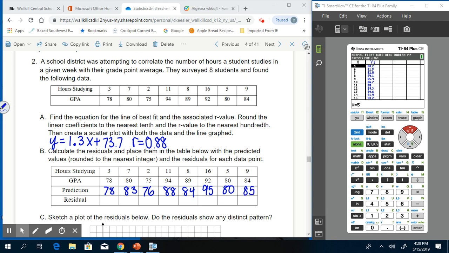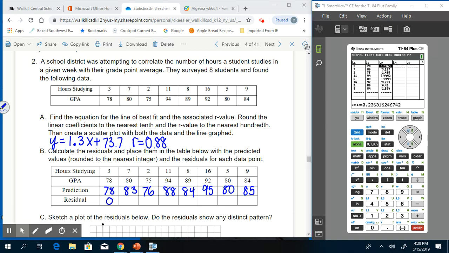Okay, so now we could do the residuals just by subtracting the actual minus the prediction, or we can go back to stat, go to edit, go over to L3, choose second list, and change L3 to residuals, enter, enter, and now we have the actual residuals. We're rounding those, so that 0.2 is going to stay 0. 78 minus 78 is 0.